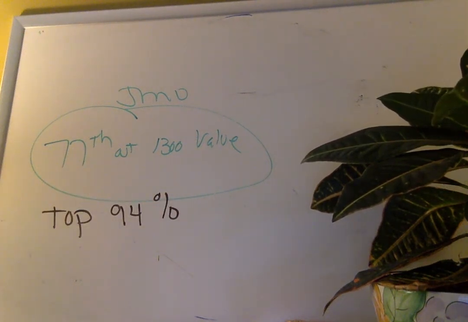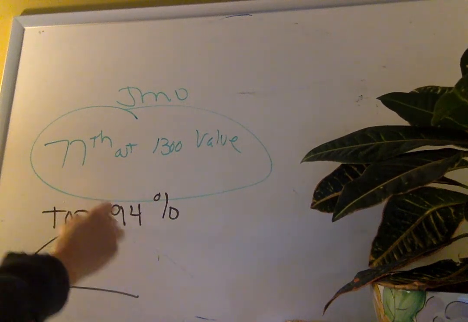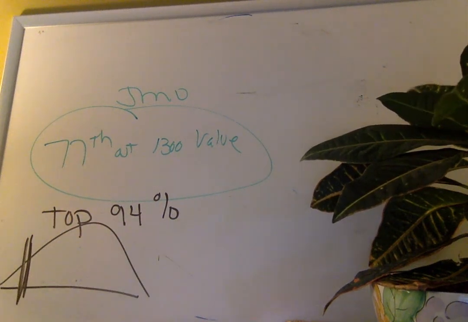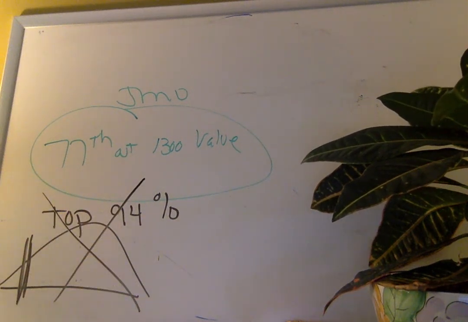Think about that. You have an understanding of this from the empirical rule we did on test 1. But if you're not catching what I'm trying to show you, think about when you were a senior in high school. What were you shooting for? Were you shooting to be in the top 94% of your class, or were you shooting to be in the top 20% of your class, right? The top 94% is way down here at the bottom. That is not what she meant to say.